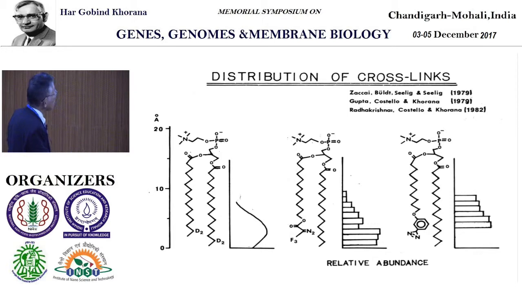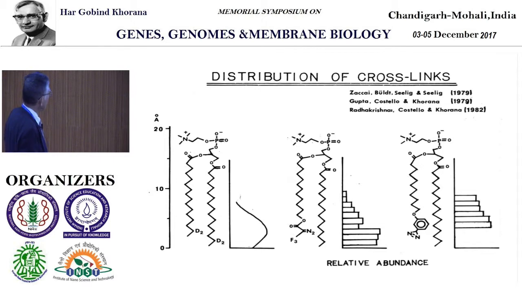Nevertheless, Radhakrishnan and Dr. Gupta both made the vesicles and photo-irradiated their samples and measured the distribution of crosslinks to the opposite strand using mass spec, and the beautiful bell-shaped pattern was, at least this part, not complete, but was obtained.